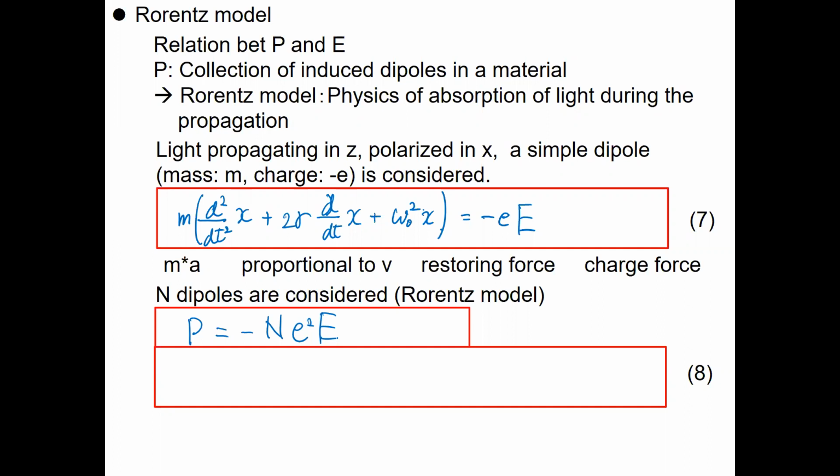Then in this equation, x is replaced by P, which gives P plus gamma dP/dt plus omega_0 squared P equals N e squared E. So this is called the Lorentz model.